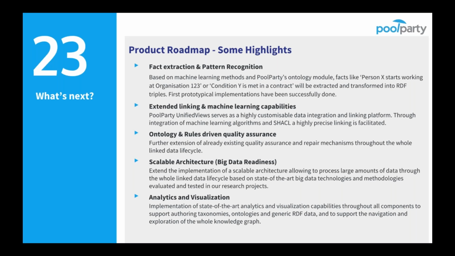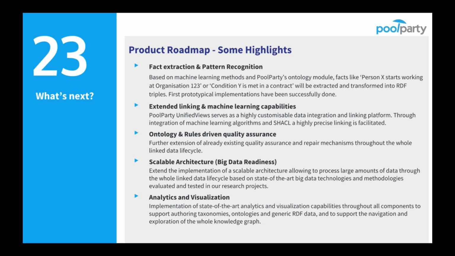And for the scalable architecture, we want, of course, to scale the data processing for all this data along the linked data lifecycle by integrating big data technologies and scalable architectures, providing clusterable triple stores for higher throughput and stability, more fail-safe scenarios to be able to handle large amounts of data.